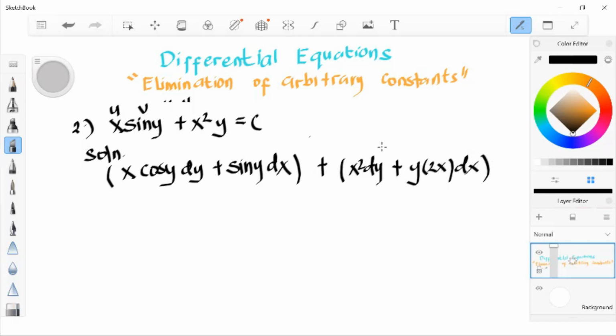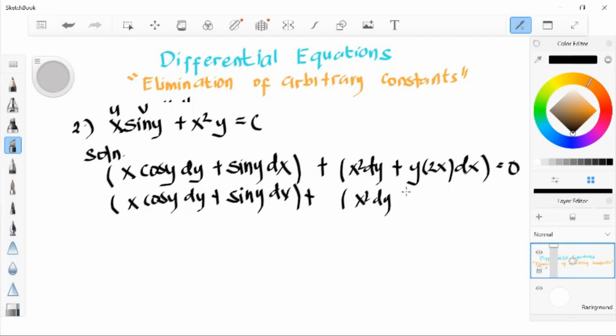And the derivative of a constant will always be 0. So again, simplify: x cosine of y dy plus sine of y dx plus x squared dy plus 2xy dx is equal to 0.